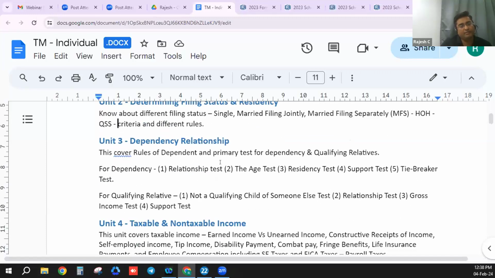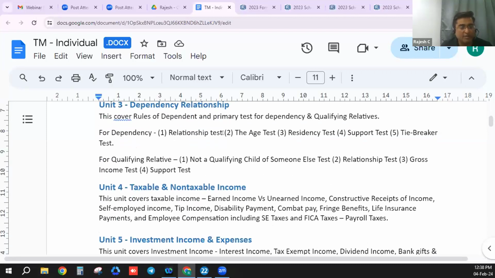And in unit 3, we cover dependents. If you have a dependent, what are the criteria to claim the dependency? There are different tests, like the relationship test, whether the person is related to you or not. There is an age criterion, up to which age you can claim the dependent. Then the residence test, whether the person belongs to the USA or outside the USA.